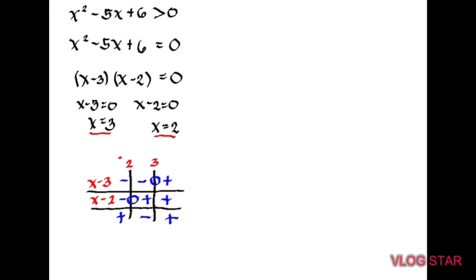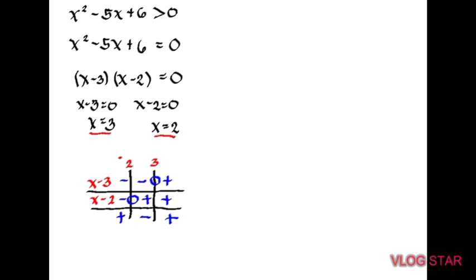And if you'll notice, our zeros are not shaded, because shading has something to do with solving quadratic inequalities. So let's go back to the symbol used. Our symbol in the original inequality is greater than.